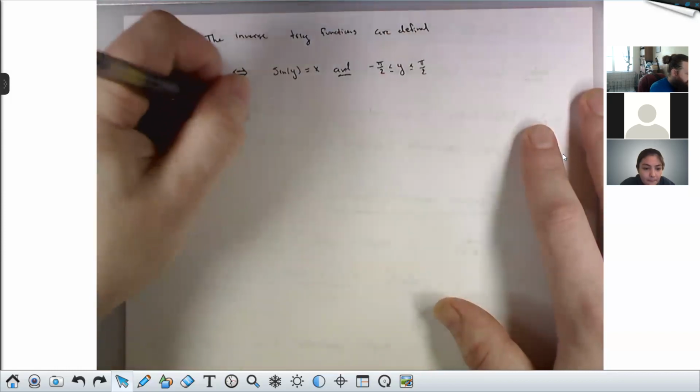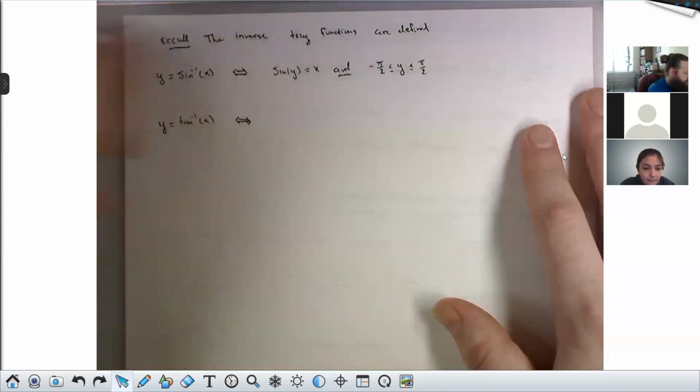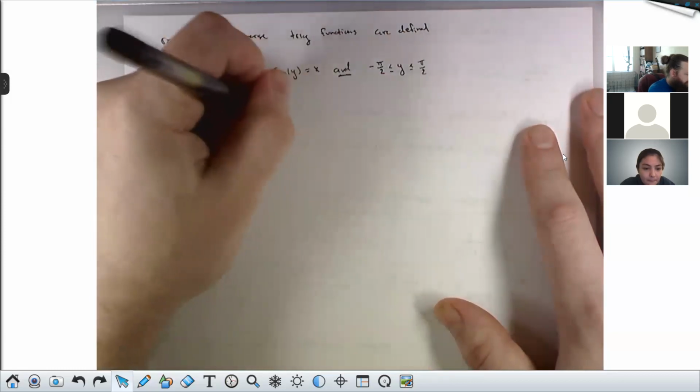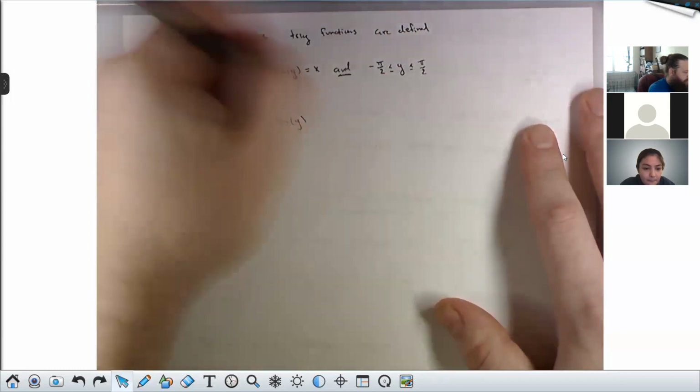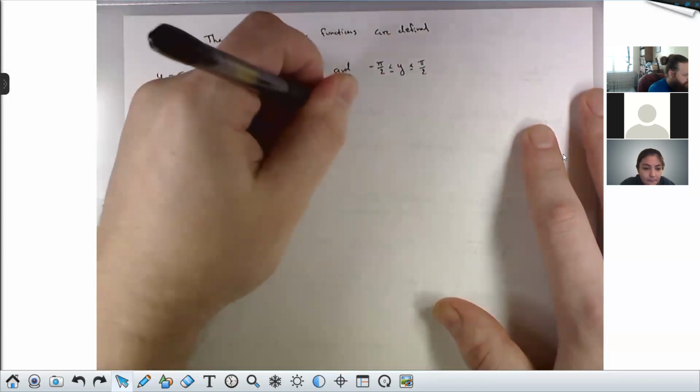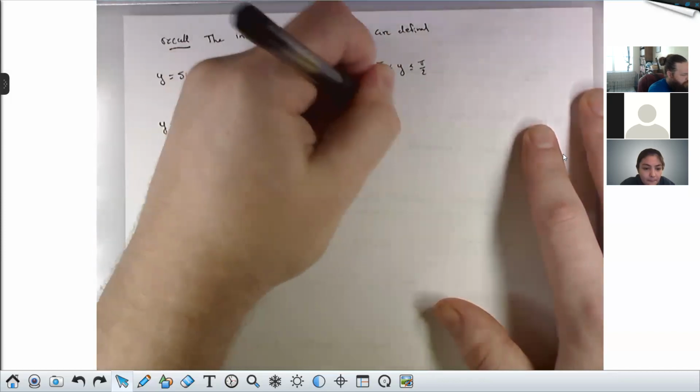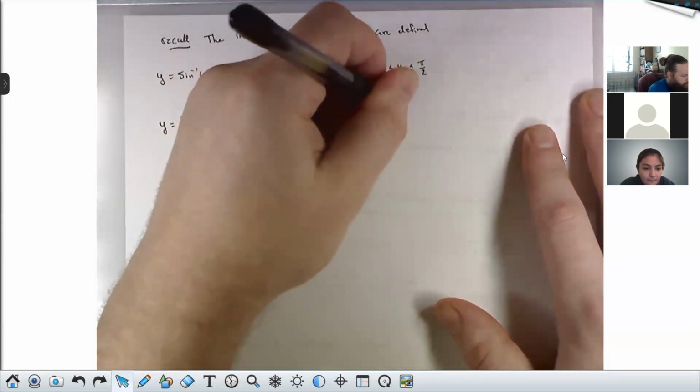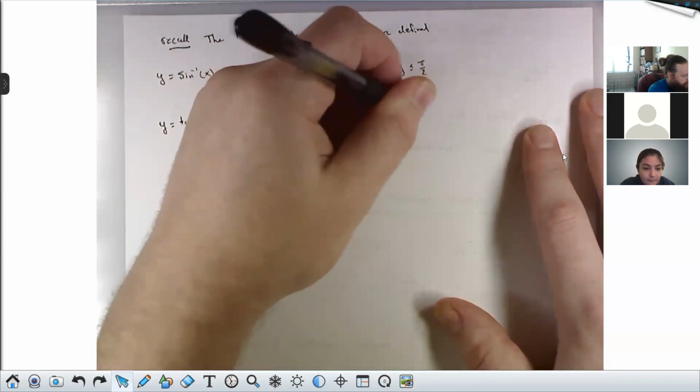The definition of the inverse tangent function, all of you went through that quiz with me, so hopefully we remember these. Tangent of y is equal to x, and negative pi over 2 is strictly less than y, strictly less than pi over 2.